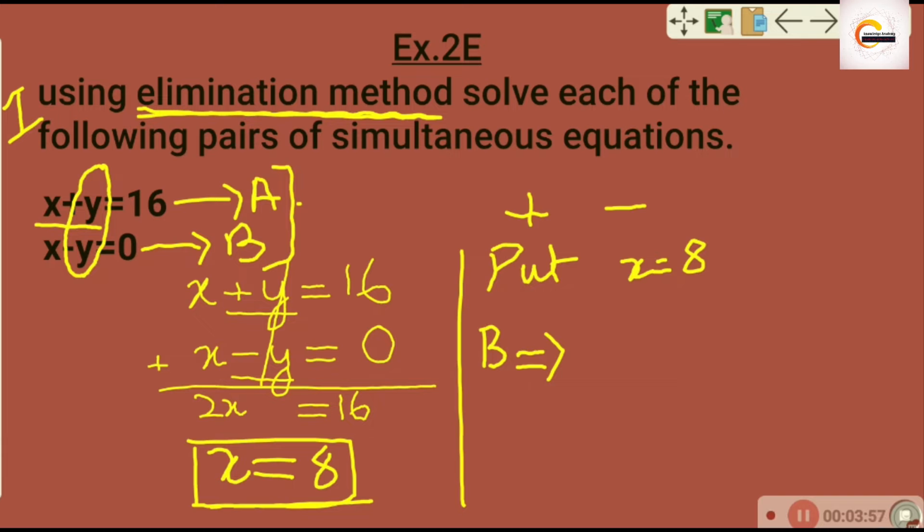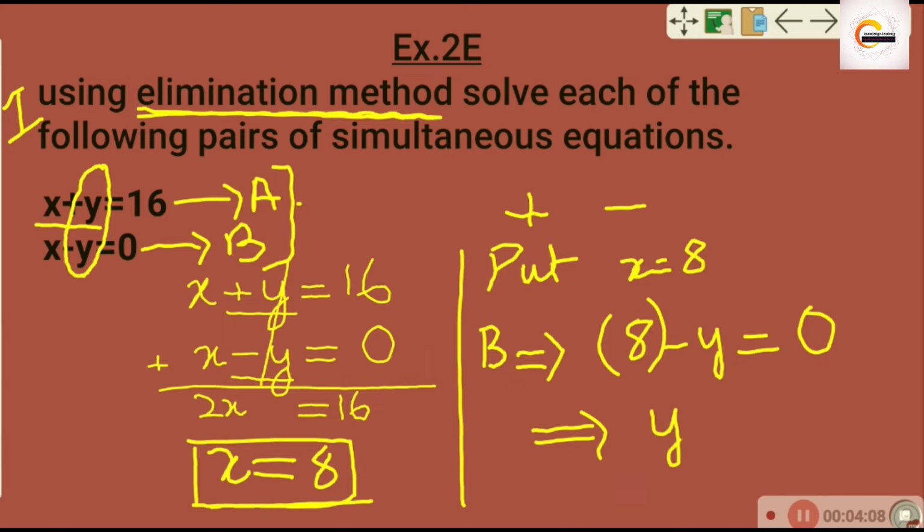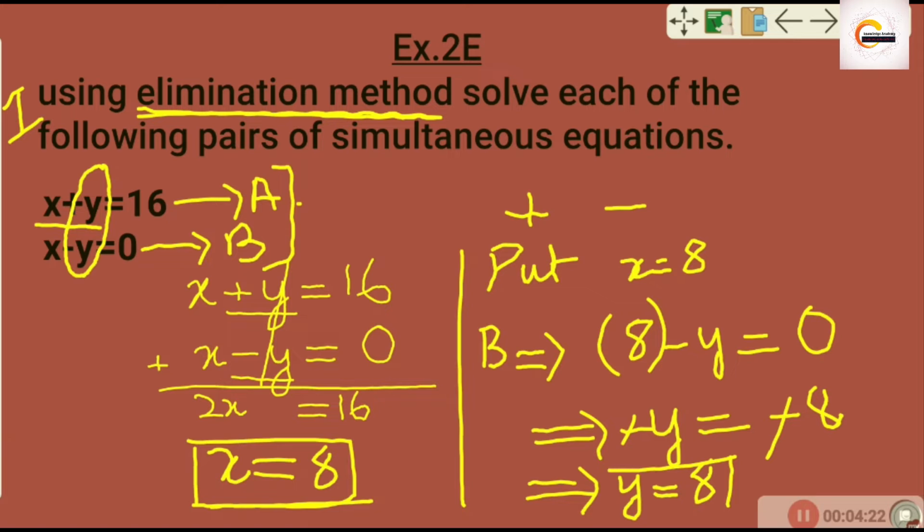So that's 8 minus y is equal to 0, and y is 8, as the minus signs cancel. So I have got the point (8, 8).